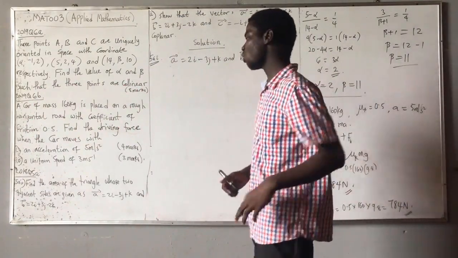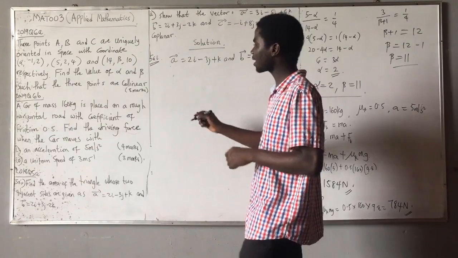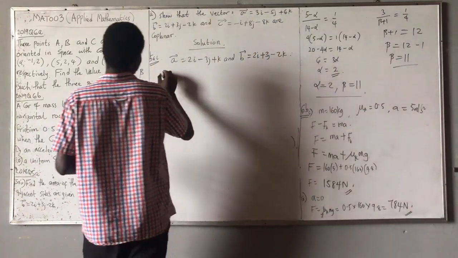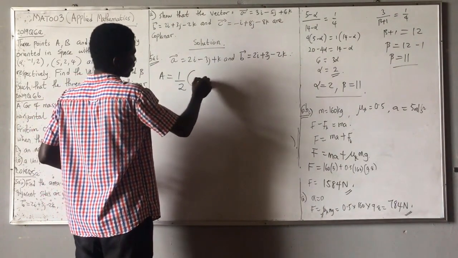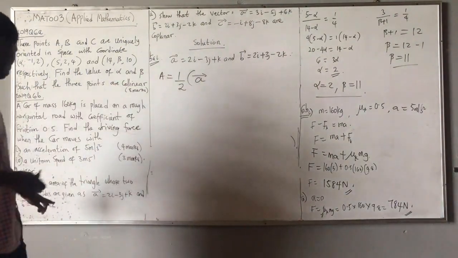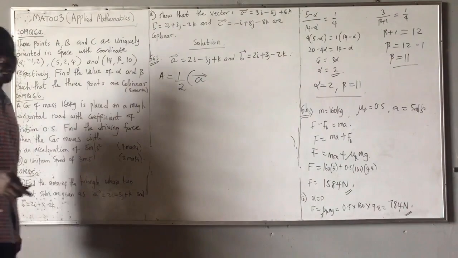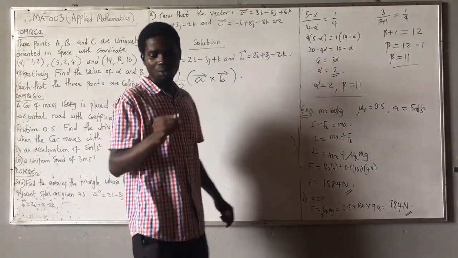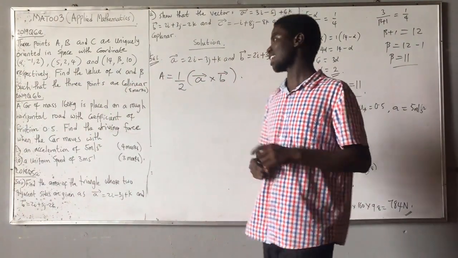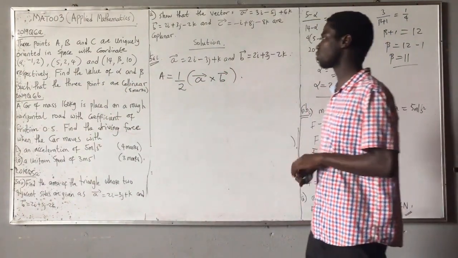What we want to do here is find the area. The area of the triangle will be 1 over 2 multiplied by the cross product of the two adjacent sides. That is what we are going to do to solve this question.